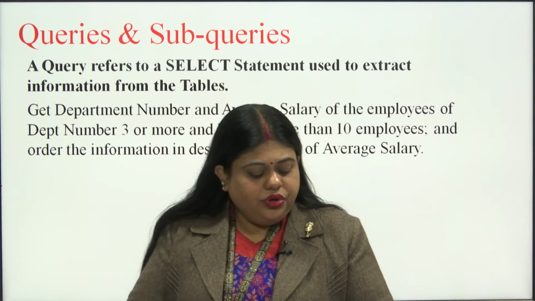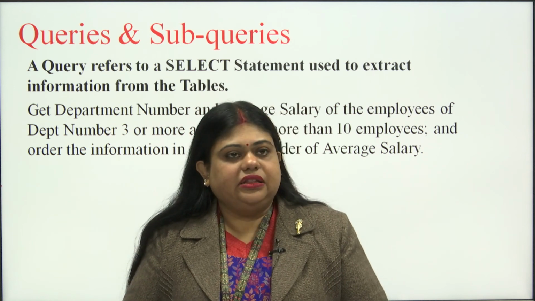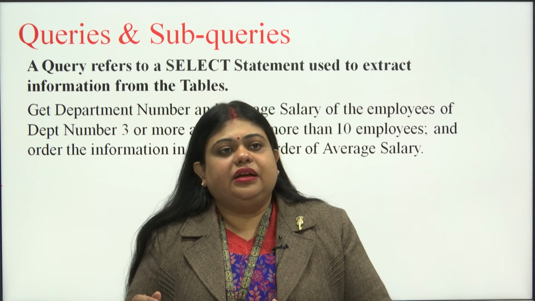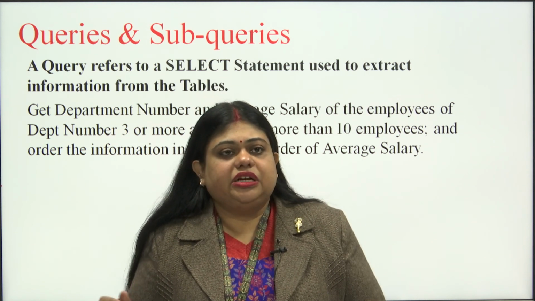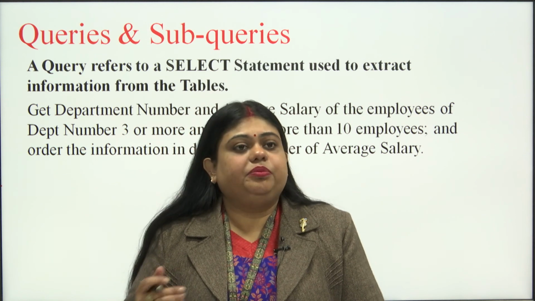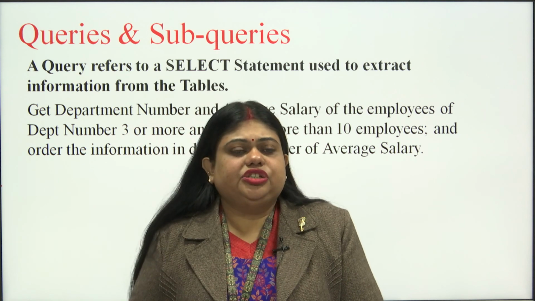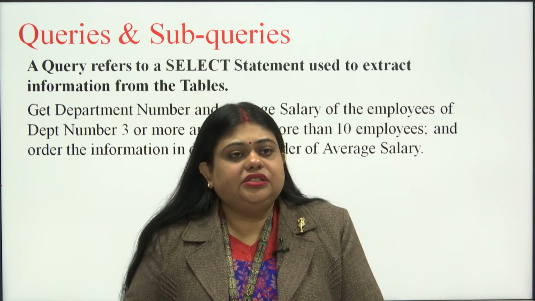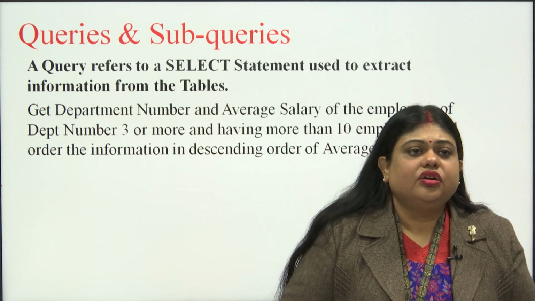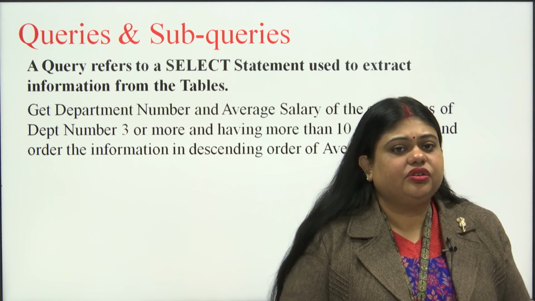We need to find the department number and the average salary of all the employees in department number 3 or more, where the number of employees in the department is more than 10, arranged in descending order of average salary. Let us start with the implementation of the query.